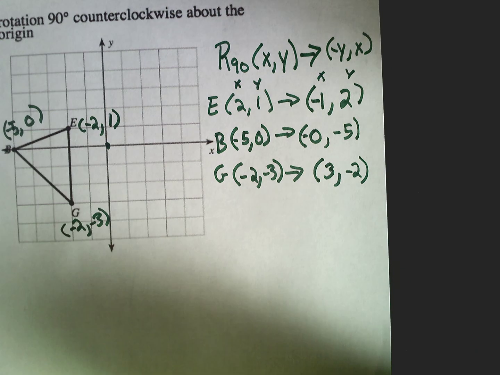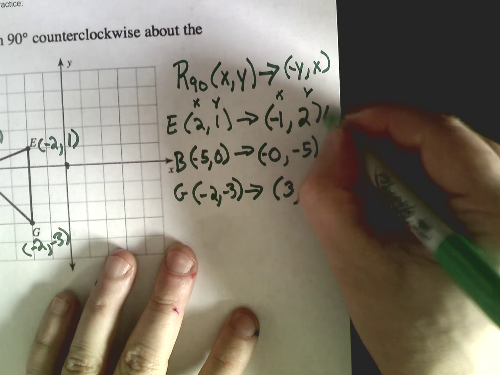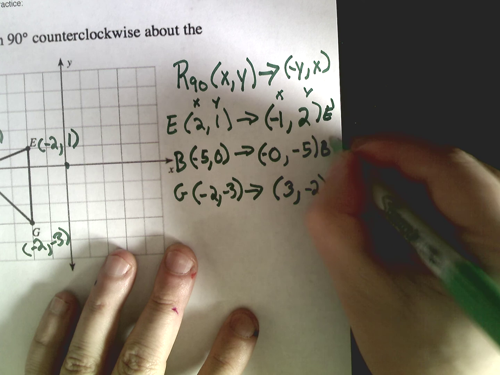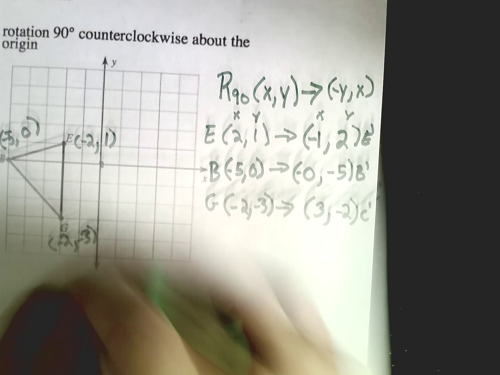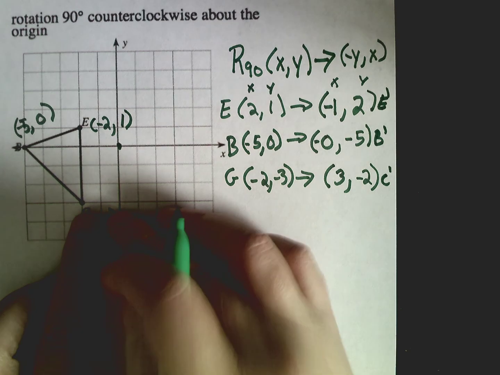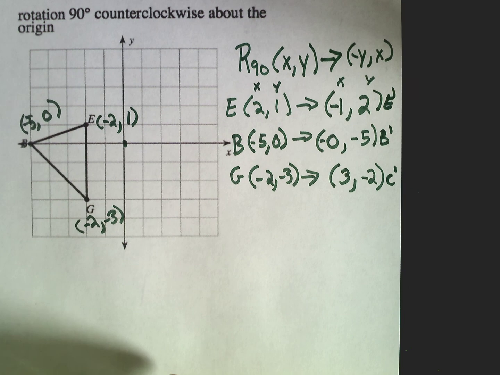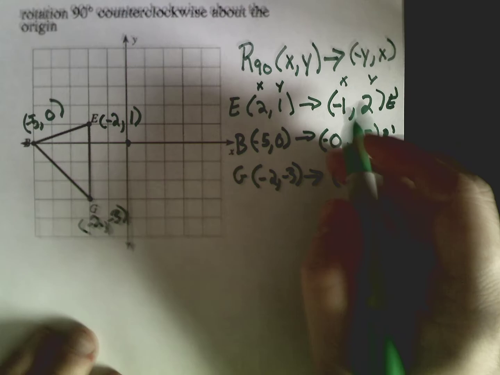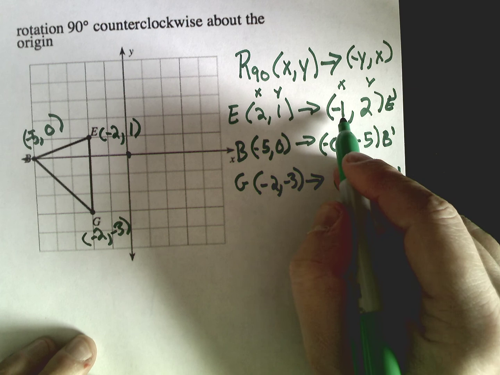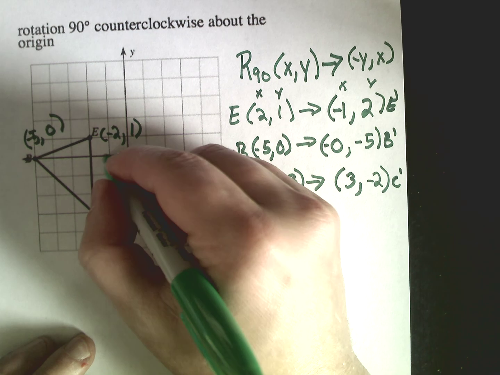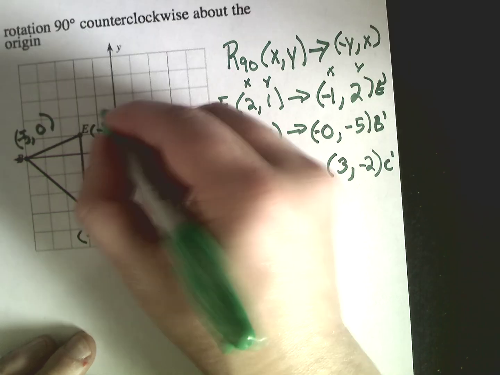What I'm going to call these is E prime, B prime, and C prime. When I'm putting that on here, all I'm doing is changing these numbers. So look at this. E prime is -1, comma, 2. -1, comma, 2.